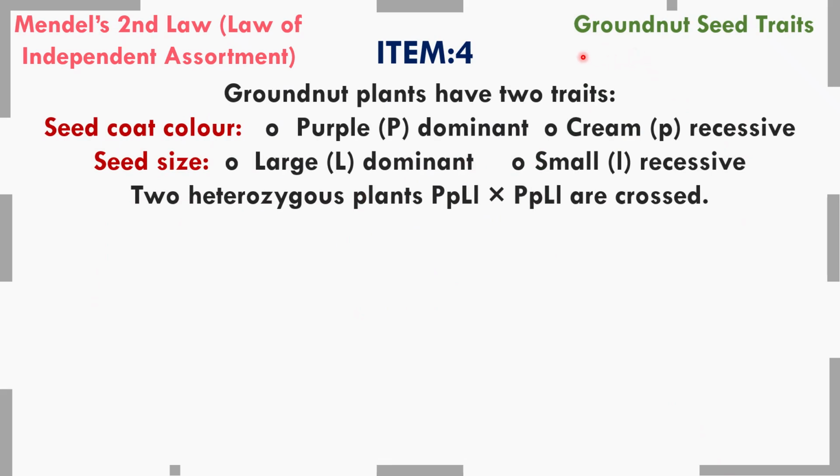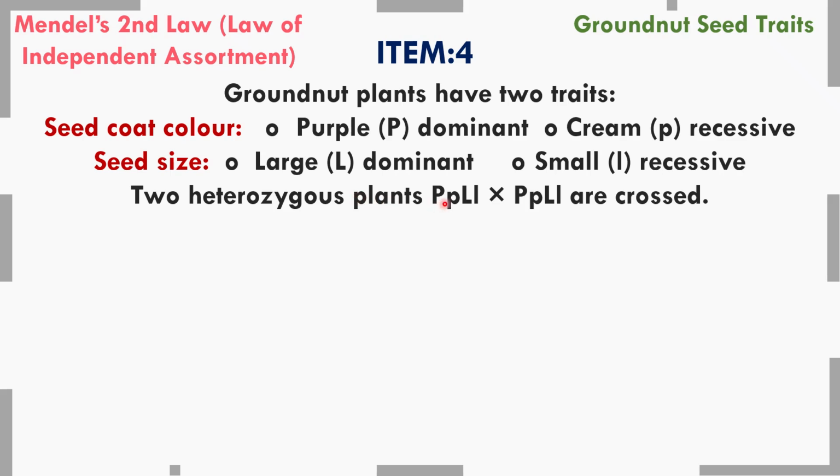Let us now look at groundnut seed traits. Item 4. Groundnut plants have two traits: seed coat color, purple, capital P dominant, cream, small p recessive; and seed size, large, capital L dominant, small, small l recessive.